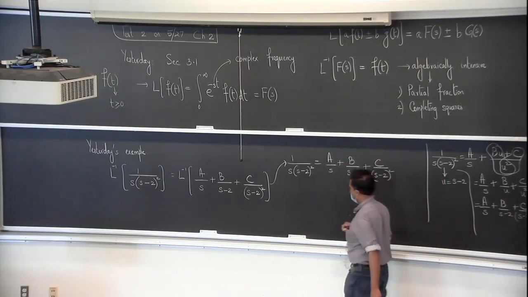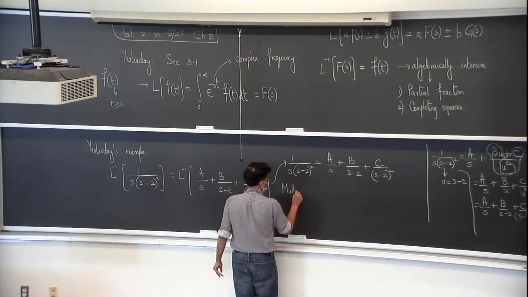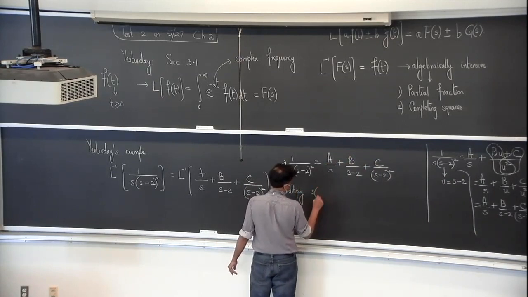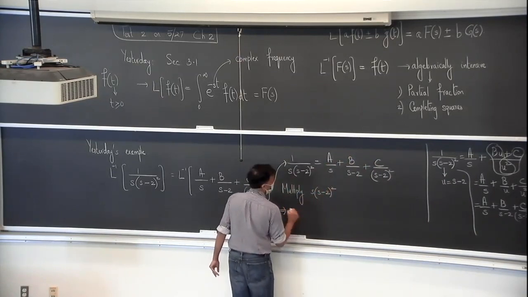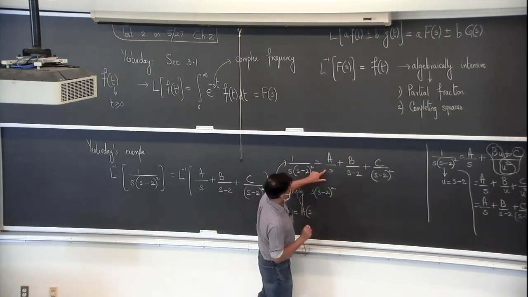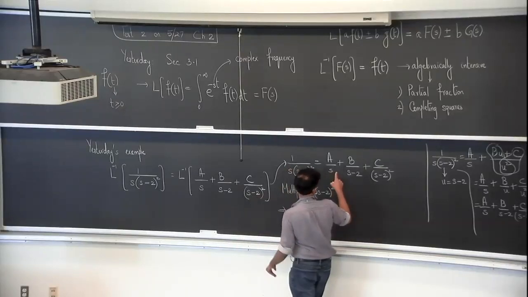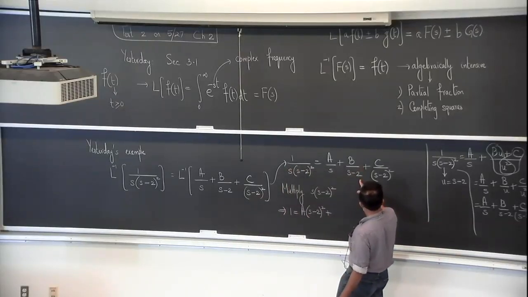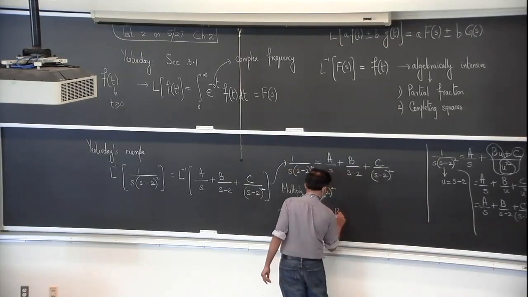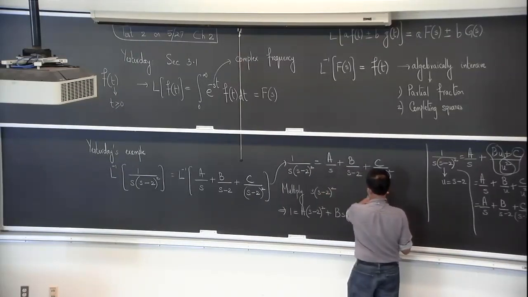That is the least common multiple. And that gives you 1 equals a times s minus 2 whole square plus b times s minus 2 and c times s.